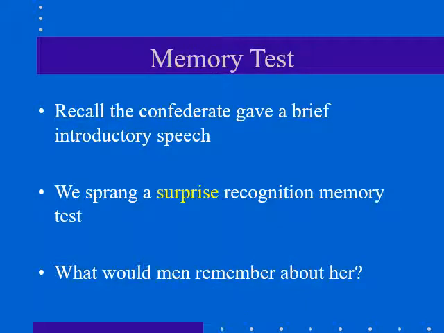So, last but not least, we gave our men a memory test. Recall that the Confederate gave that brief introductory speech. So the recognition memory test we sprang on our guys came as a total surprise because we wanted to know what men would remember about their interaction with her.